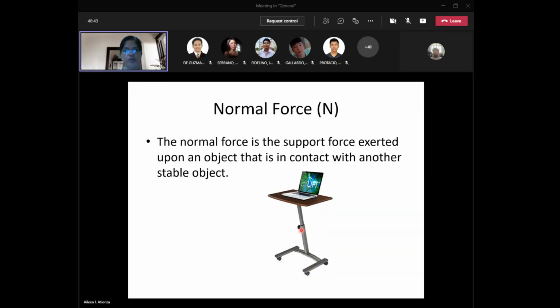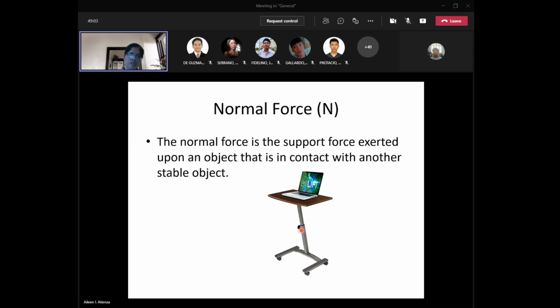Another type of force, we have the normal force. We denote normal force as capital N. The normal force is the support force exerted upon an object that is in direct contact with another object that is stable.